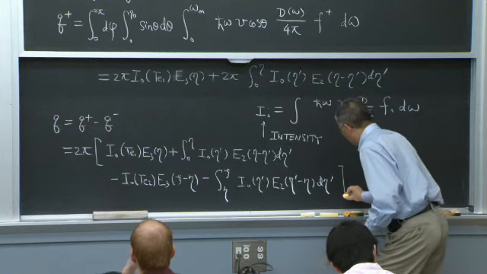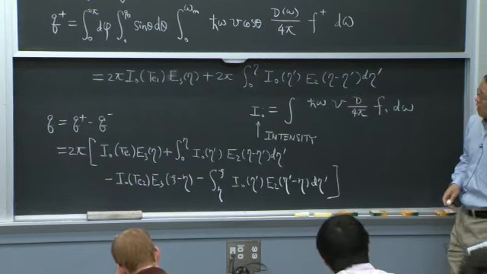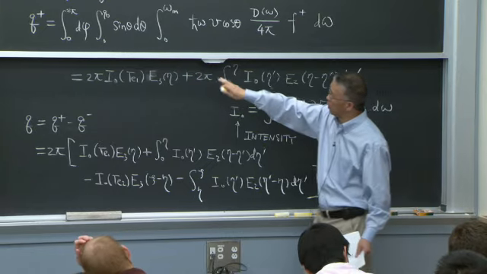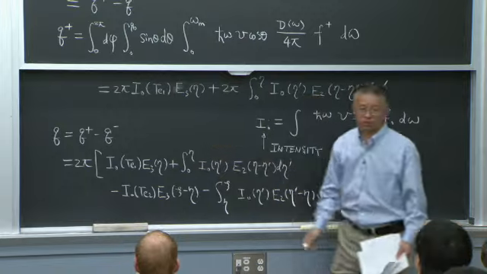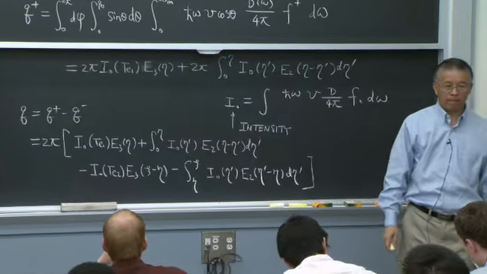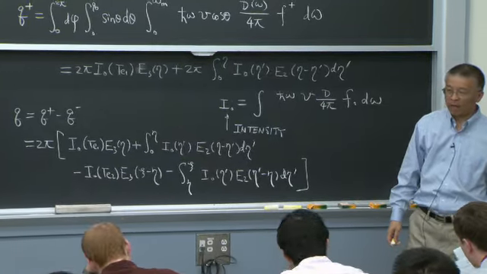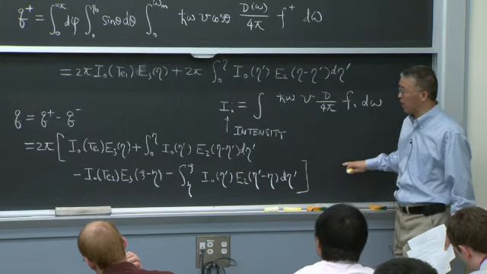So this was the end result after you substitute Q plus, which we derived, and Q minus, which we didn't write down. Okay? So this is your net heat flux.